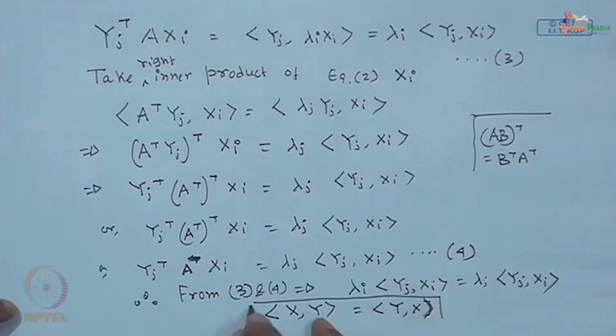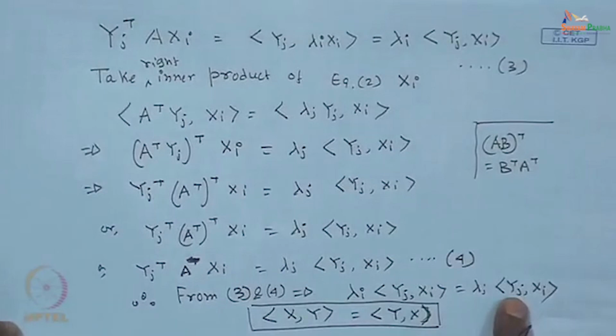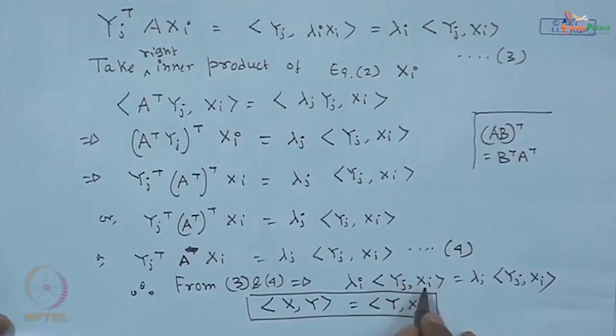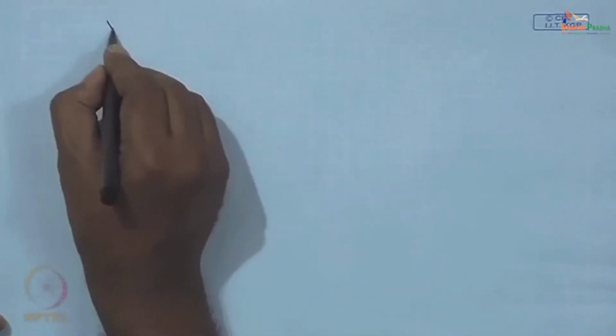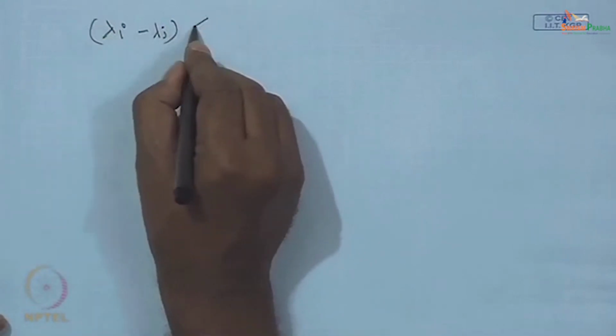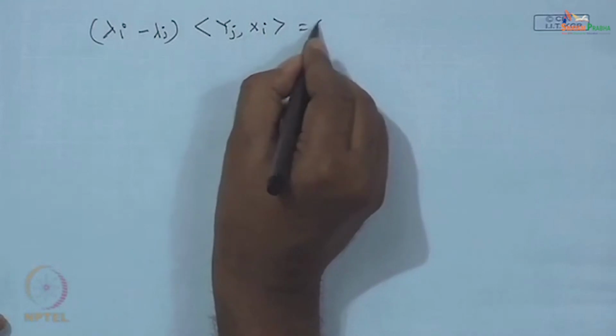So, we utilize this property and come to the conclusion that the inner product of y j and x I is identical to the inner product of y j and x I. So, you will be getting lambda I minus lambda j times inner product of y j and x I is equal to 0.